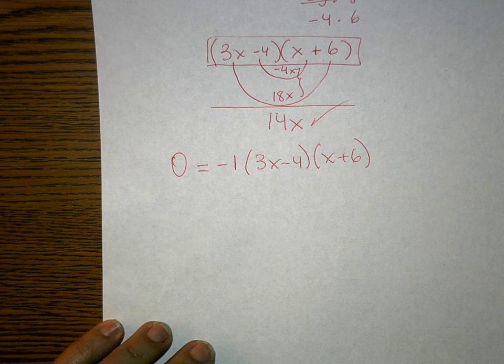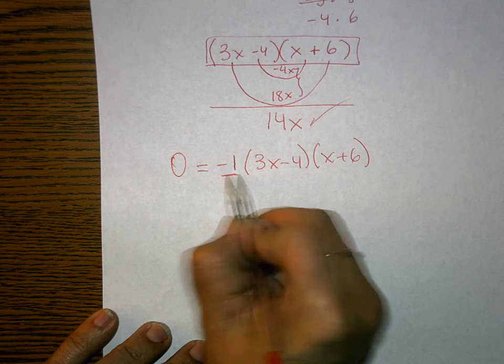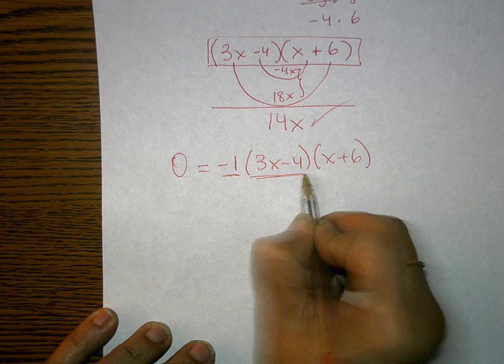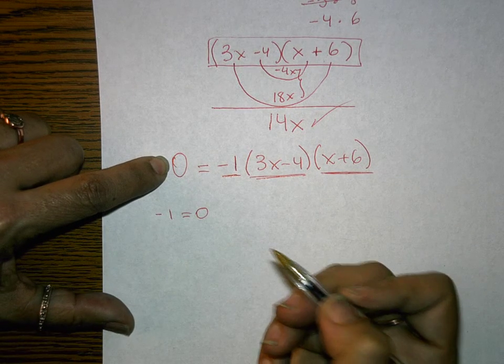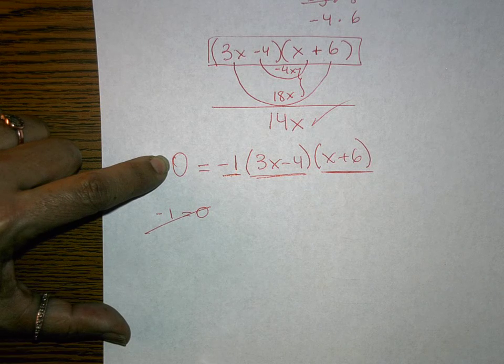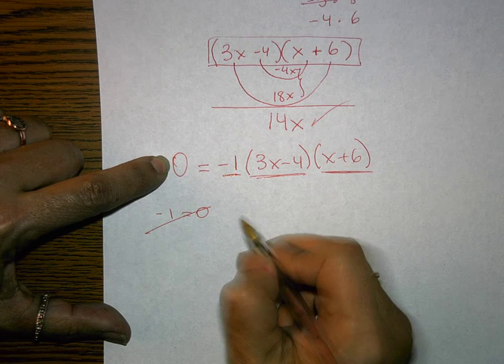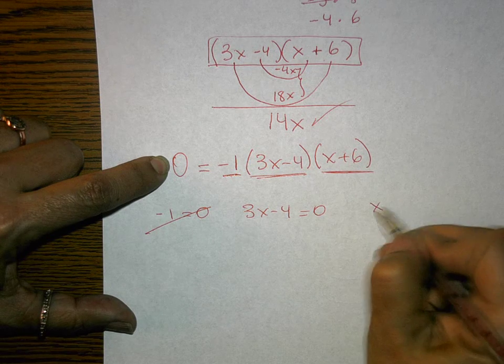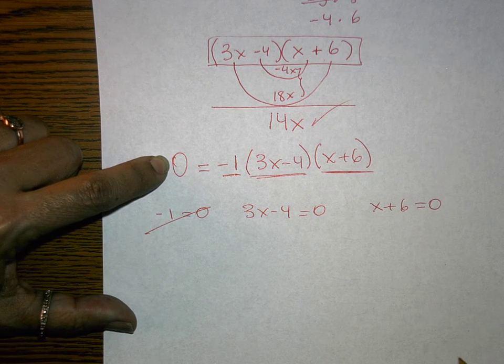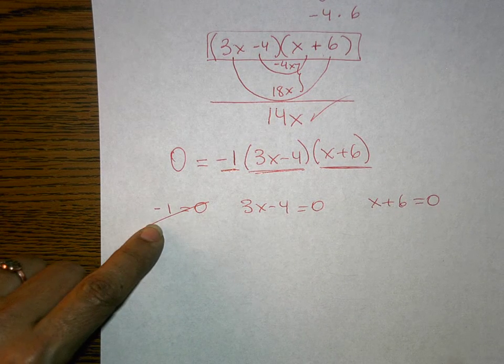Now to solve for x, I'll set every single one of these three factors equal to 0. Negative 1 equal to 0 makes absolutely no sense. Now I can throw that GCF away. 3x minus 4 equals 0, and we have x plus 6 equals 0. I didn't really throw the GCF away. I'll take those words back.